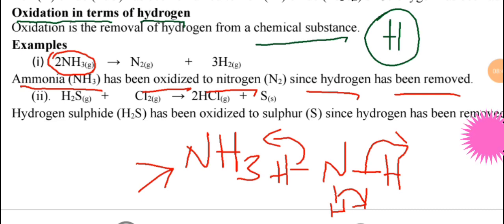In the second example, we have hydrogen sulfide. We react it with chlorine. We are going to have hydrogen chloride plus sulfur.